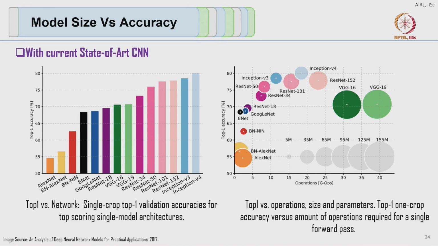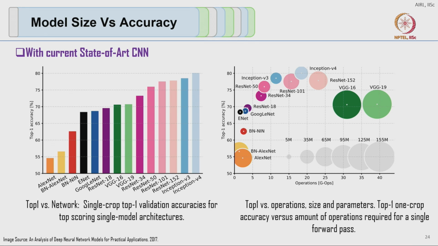You see, when the architecture complexity increases, the performance also starts increasing. When the complexity of the architecture increases, the size of the architecture and number of parameters lead to computational cost. When the accuracy increases, the computational cost also increases.